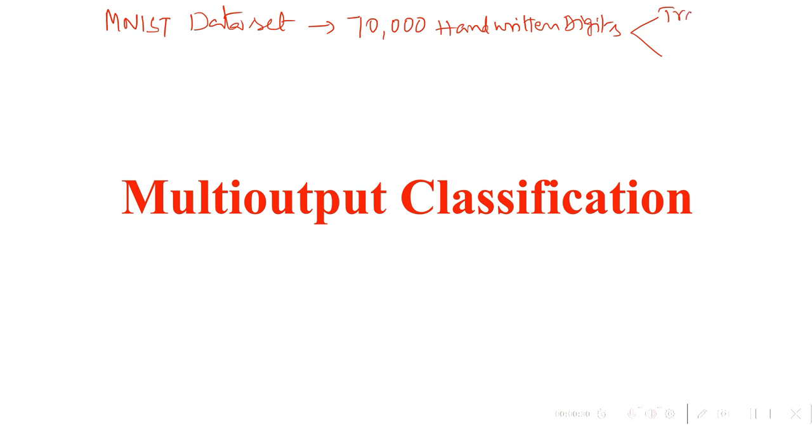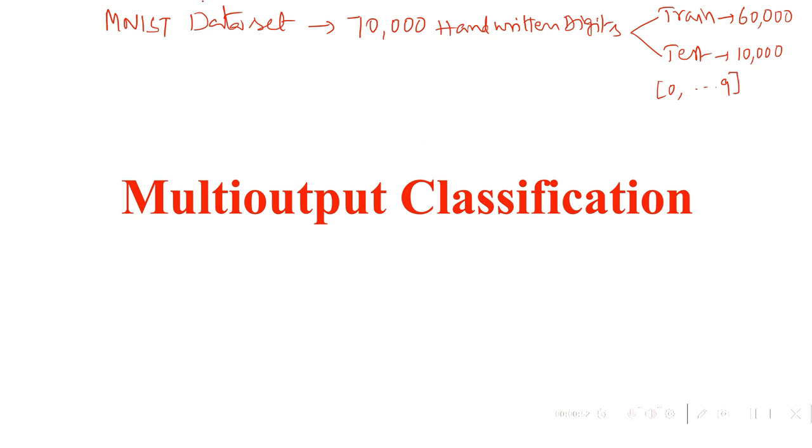The training set contains 60,000 handwritten digits and the test set contains 10,000 handwritten digits, across 0 to 9 classes. On this dataset we are going to apply one model.